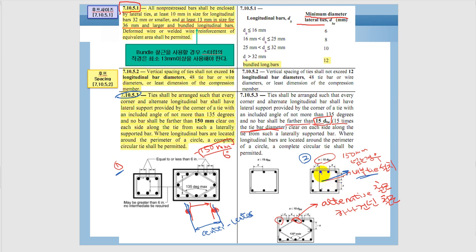Internal tie, something like this. So you need the one here. You need the one here. So if you see the drawings of a construction site, you need a lot of these because of this requirement.